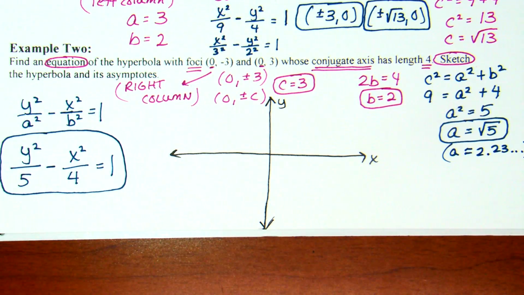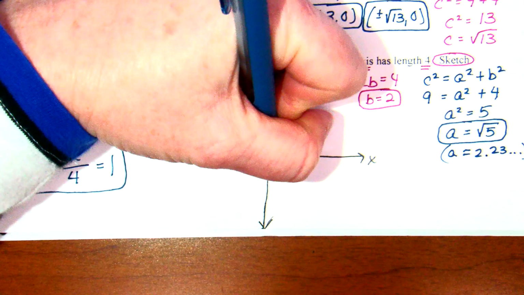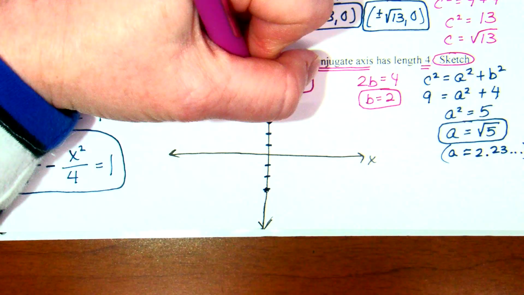Just saying. Okay, so our foci are (0, -3) and (0, 3), correct? So we can go ahead and graph those, so that we know it's going to be facing up and down.